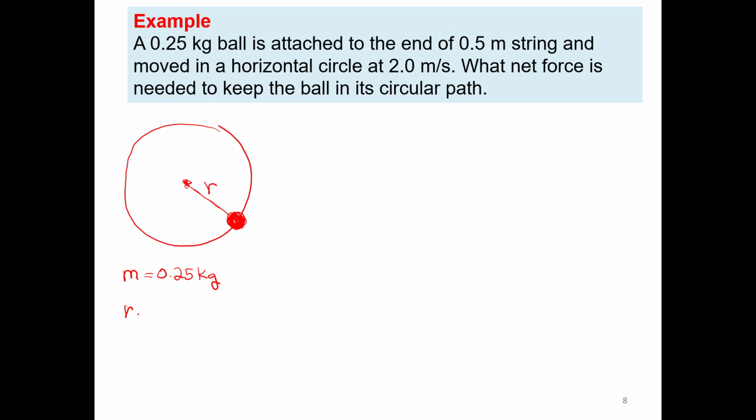So this is 0.5 meters. Another thing that helps us know this corresponds to a distance is the units. The ball moves in a horizontal circle at 2 meters per second. It doesn't say it's the velocity, but by the units we know this is the velocity.